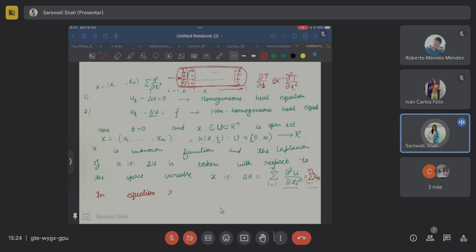So in the second equation, the function f, that is mapping from U cross (0, infinity) to R, will be known to us, because every time when we are formulating the system, the source or sink will be known to us.